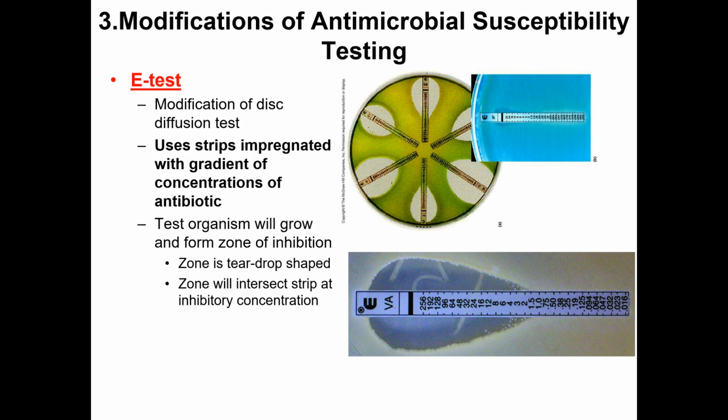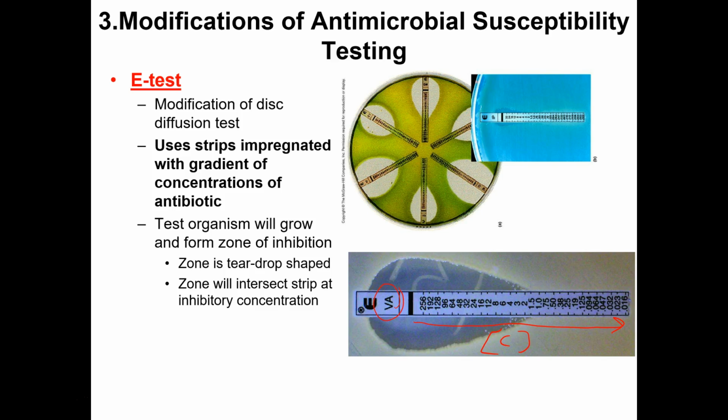So the strip here at the bottom, this has got vancomycin in it. Now, unlike the discs, which have a set concentration, you'll see how these numbers gradually decrease. That's the concentration of the antibiotic. Okay, from 256 probably micrograms per mil down to 0.016.